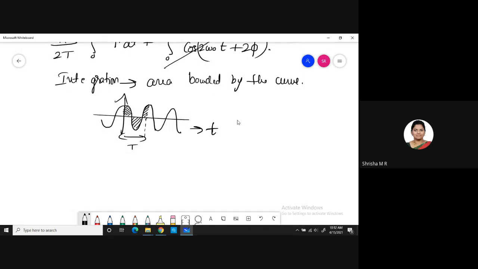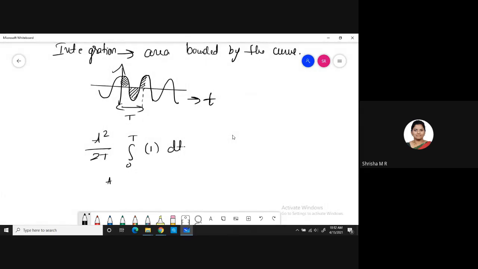So now we are left with A square by 2T with limits 0 to T, 1 into dt. So integration of 1 is t, as you people know. So we have A square by 2T. If you integrate 1, you get t with limits 0 to T. So what do you get?